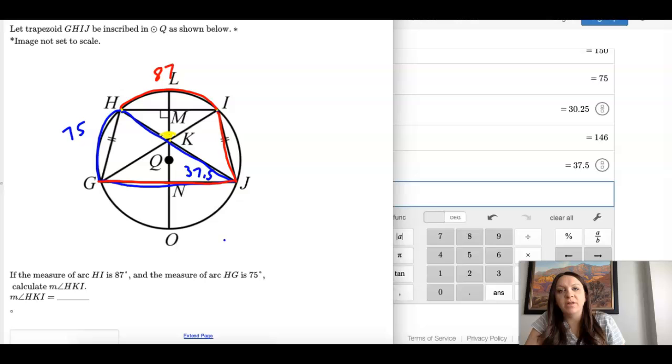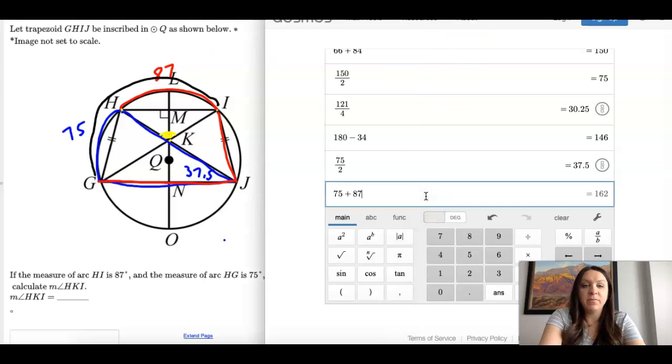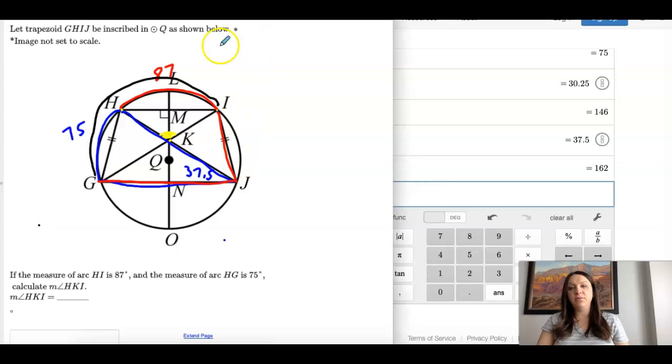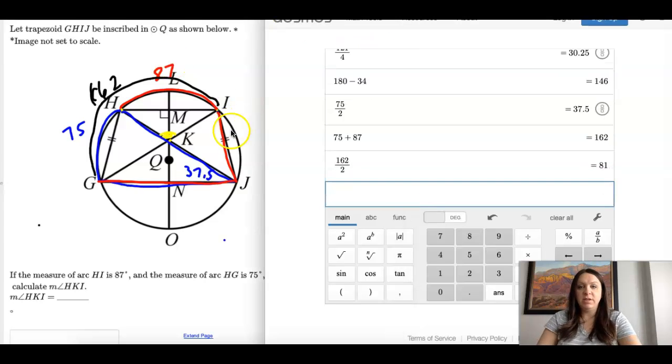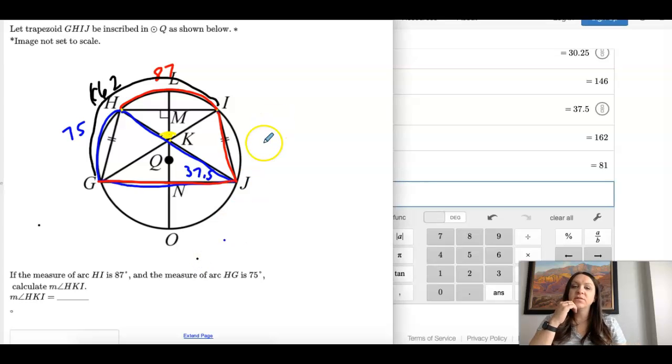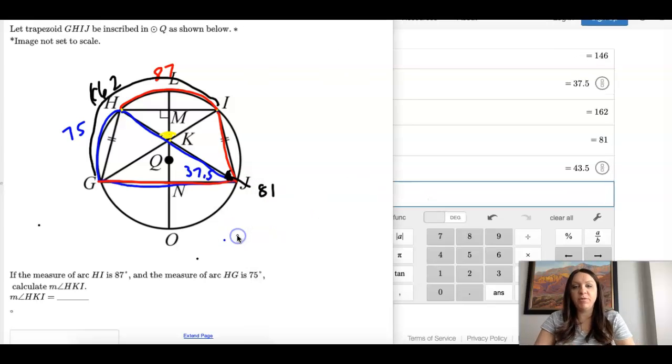Let's do the full one. I know that this whole arc is 75 plus 87. So that's 162. So the angle would be half of that. So this whole angle would be 81. Okay. So the little angle would be 43.5 right here.